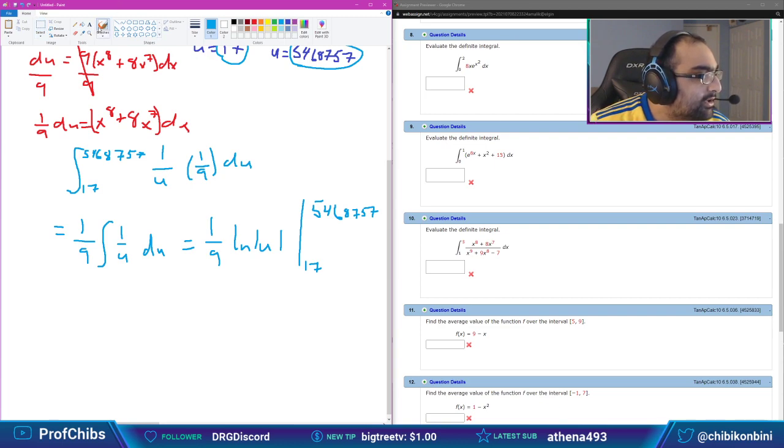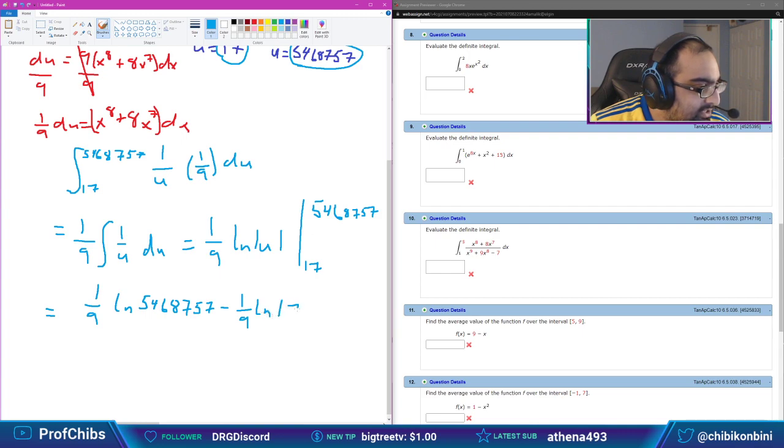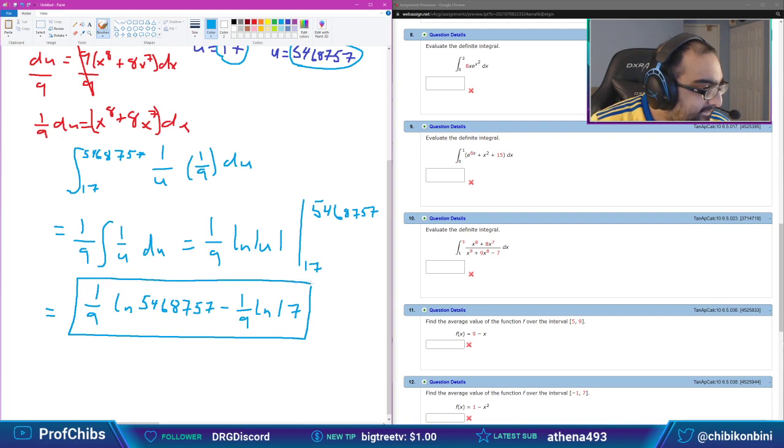We get 1/9 times the natural log of 5,468,757 minus 1/9 times the natural log of 17. And this is going to be our final answer for this problem.